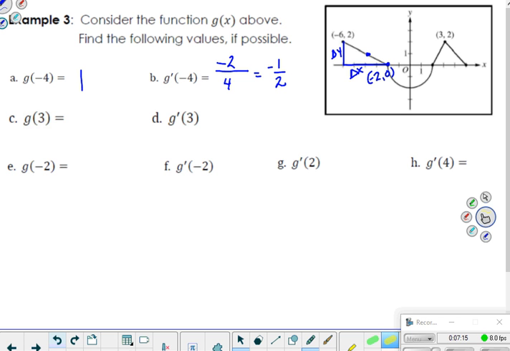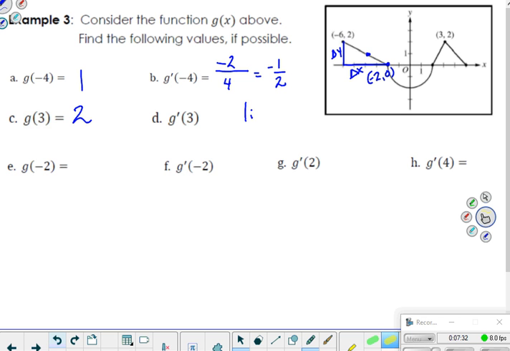g of 3, go to 3. Oh, they even gave us the point, didn't they? It is a 2. The y value is a 2. g prime of 3. Ooh, that's a little tricky.